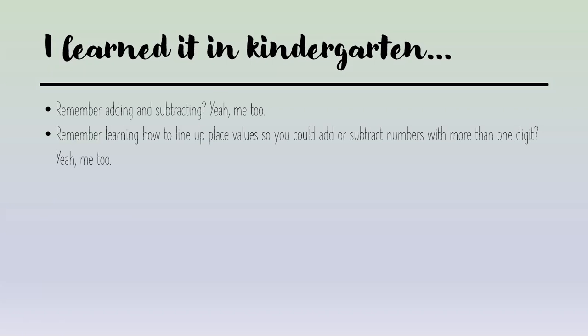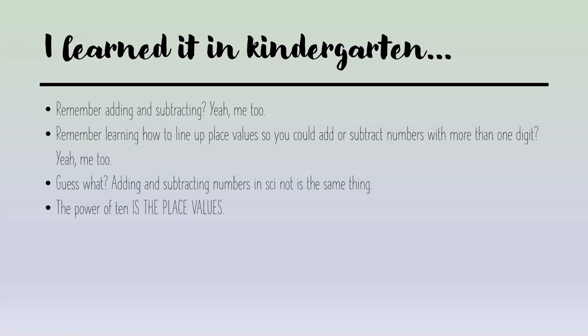Then you have to know how to regroup and move to the next place value. That's exactly what scientific notation is. The power of 10 is telling us how to line up the place values. So this is where basic addition and subtraction meets decimal addition and subtraction meets exponents and powers of 10 and multiplication.